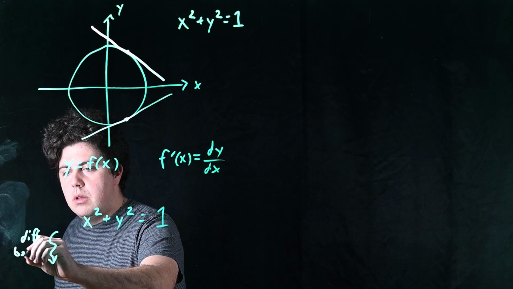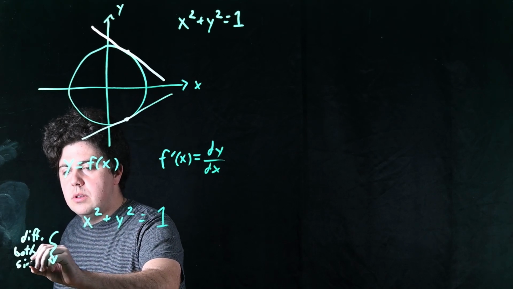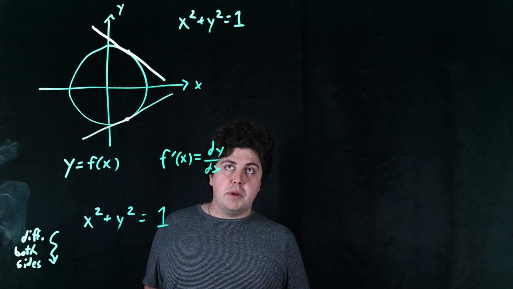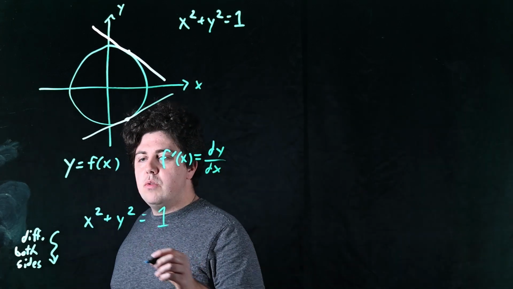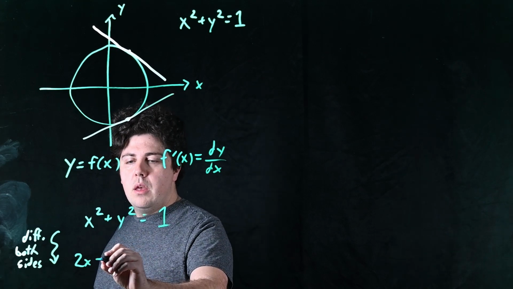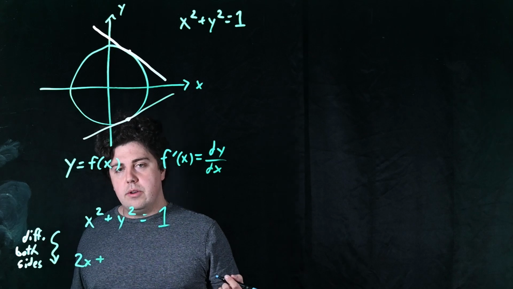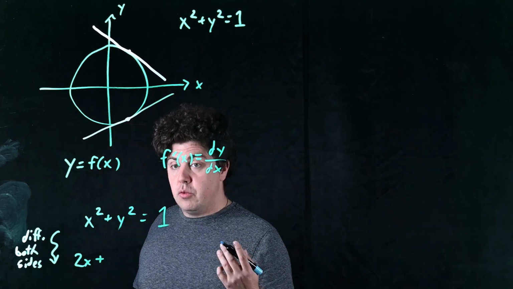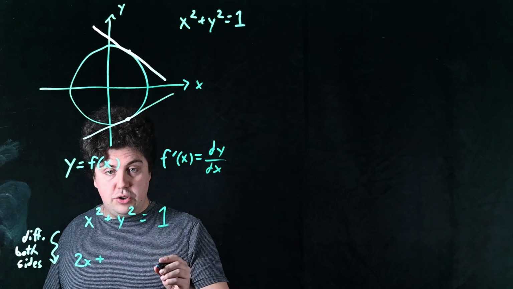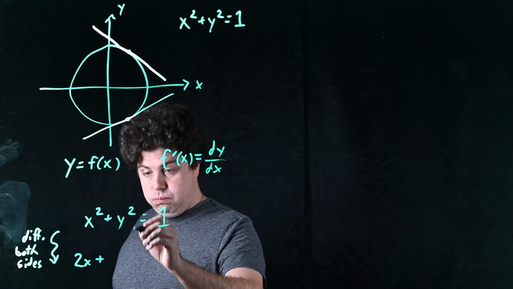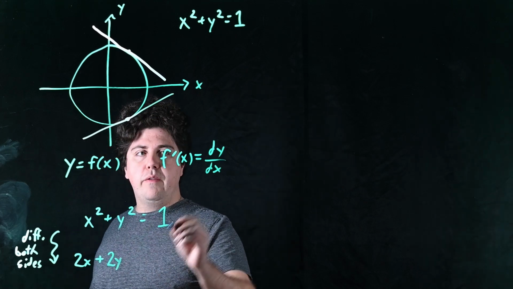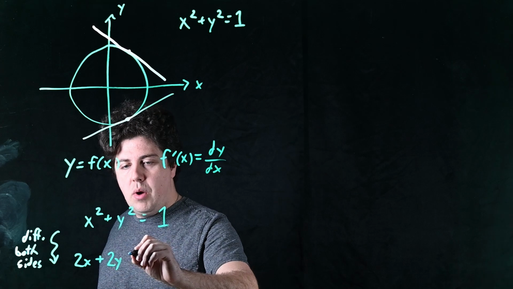So what we can do is differentiate both sides. If these two functions are equal, their derivatives must be equal. So let's write that out. Well, what's the derivative of x squared? It's 2x. What's the derivative of y squared? Well, this is a chain rule thing. The outside function is squaring, the inside function is just y, so the derivative of this guy is 2y times the derivative of y, which we're just calling dy by dx.